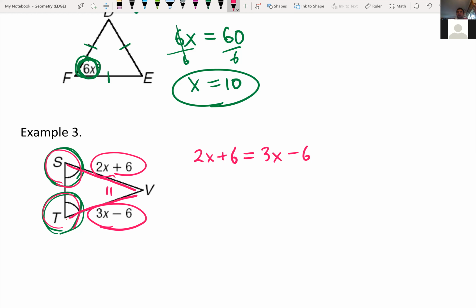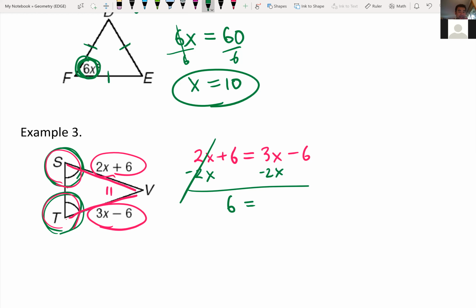We've got x's on both sides of equal sign. You've got 3x on the right side, 2x. Let's get rid of one of the x's. Which one? You want to get rid of the smaller x, right? Subtract 2x, subtract 2x. That is gone. So let's rewrite it. 6 equals, what do we have?